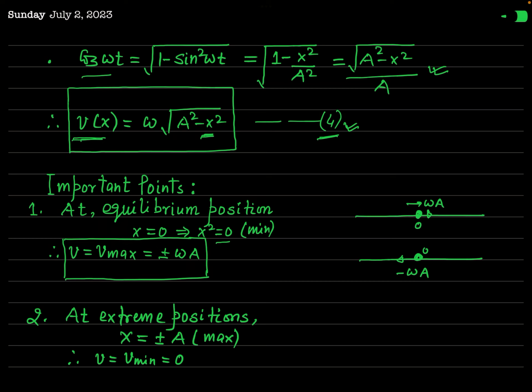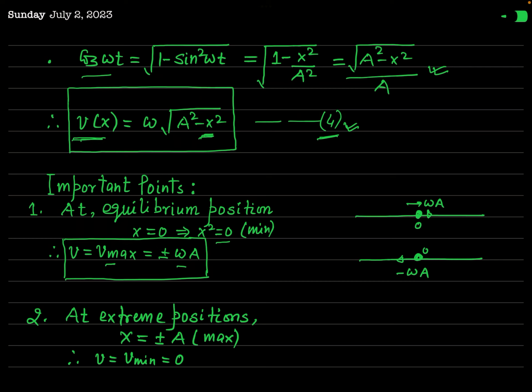And what will be that maximum value? For that, you have to substitute 0 in place of x square. And so, we can write in this condition v is equal to v max, and that is equal to plus minus omega A. You can also write only omega A, but I have written plus minus omega A. But don't be confused with the minus sign.